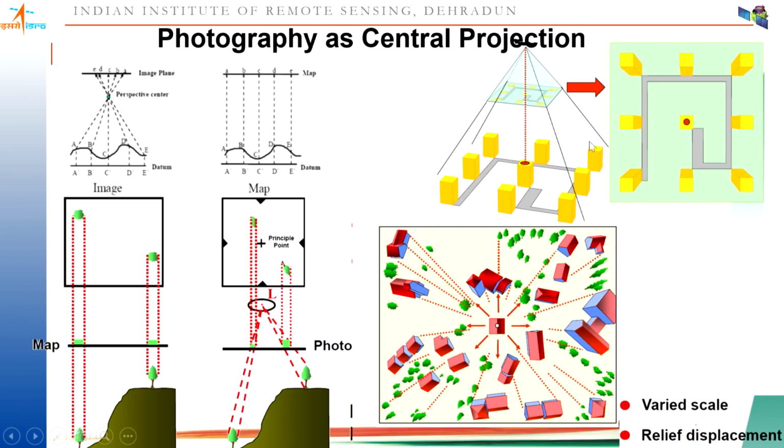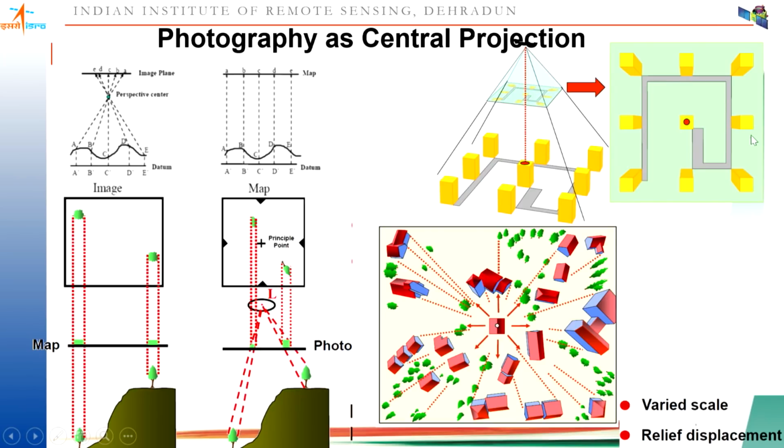As you can see here, these are certain buildings, and these buildings have been captured in a photograph. Only the central building, which is exactly at the center of the photograph, is photographed correctly, whereas all the other buildings are leaning outward.